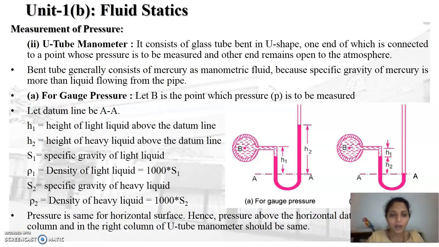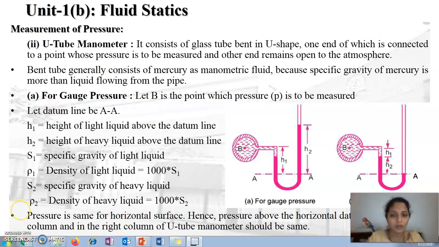Then ρ1 and ρ2 are the densities of the liquids, which we can determine from the specific gravity. Now pressure is the same on a horizontal surface, and therefore the pressure above this horizontal datum line AA in the left column and in the right column should be the same. So we consider separately the pressure in the left limb as well as in the right limb.